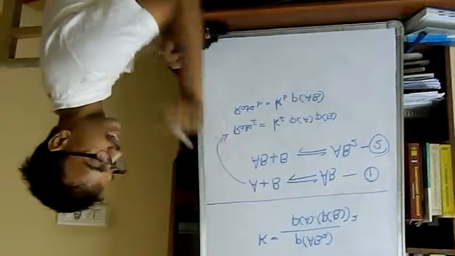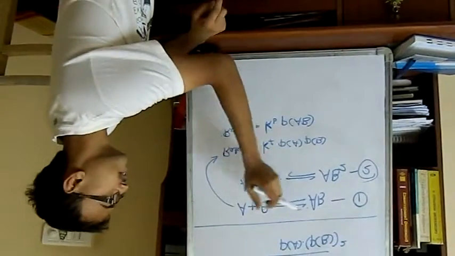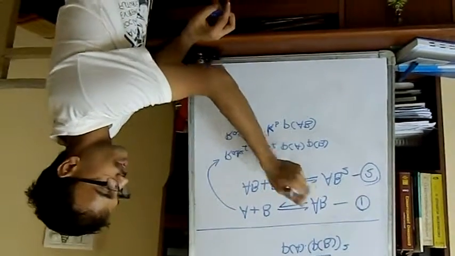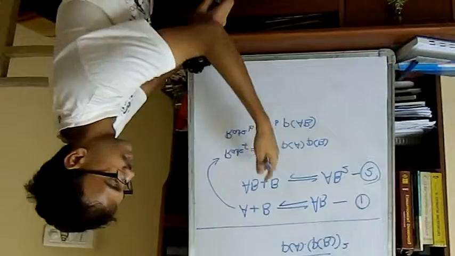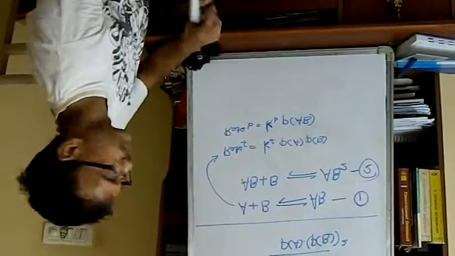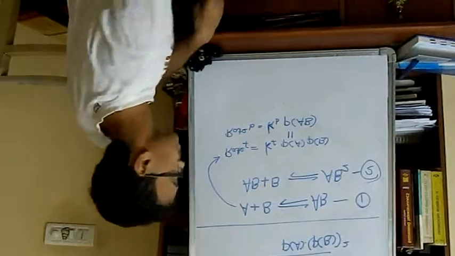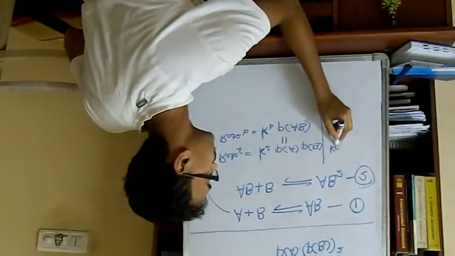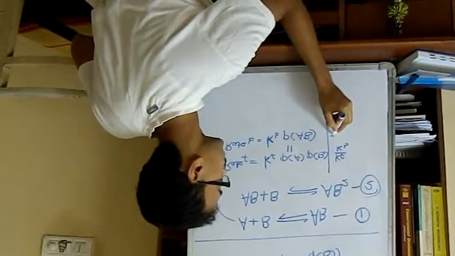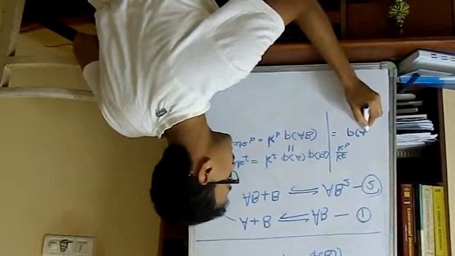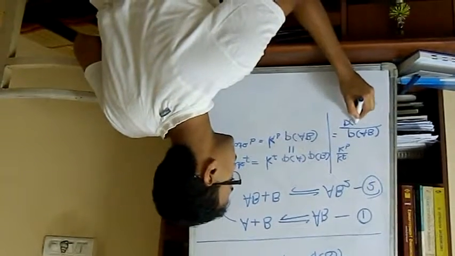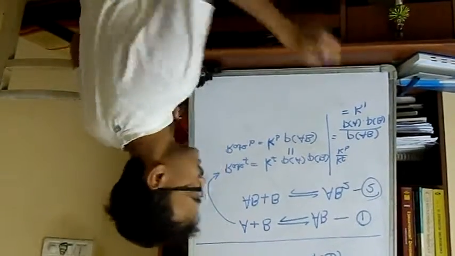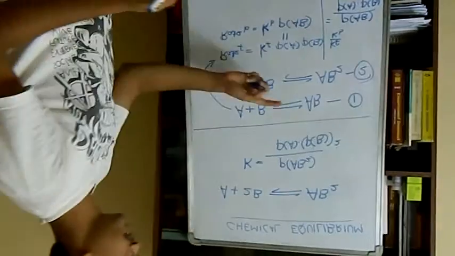When this reaction is in equilibrium, the concentrations of AB and AB2 don't change with time. This means that the rate of formation of AB is equal to the rate of depletion of AB, so the forward and the backward rates are equal. So we get Kf by Kb equal to the partial pressure of AB divided by the partial pressure of A times the partial pressure of B. This is called the equilibrium constant for this equilibrium reaction.